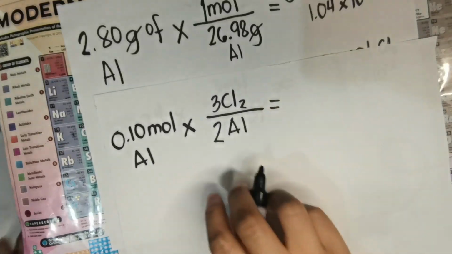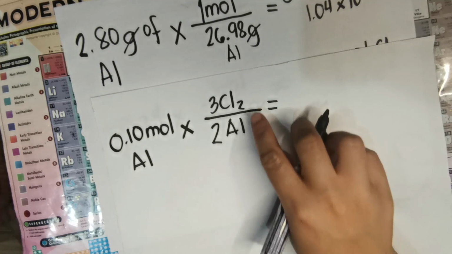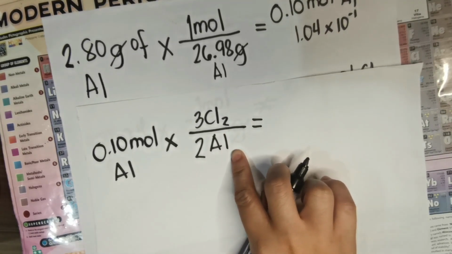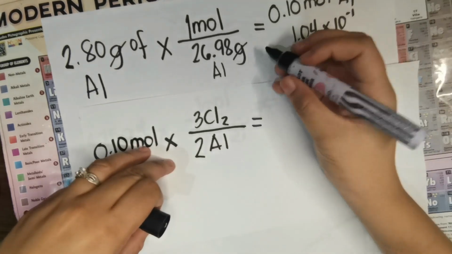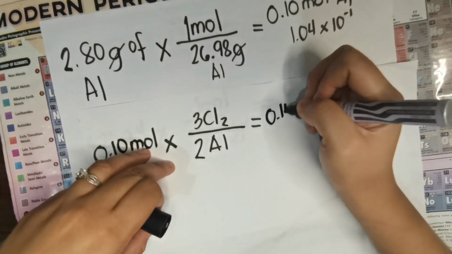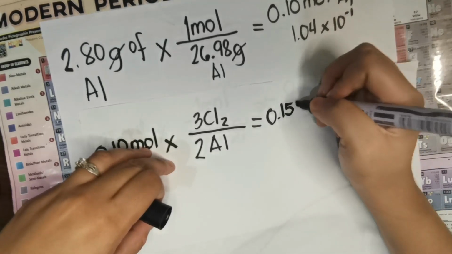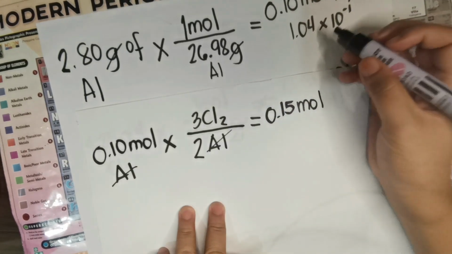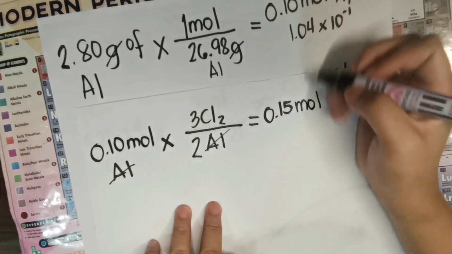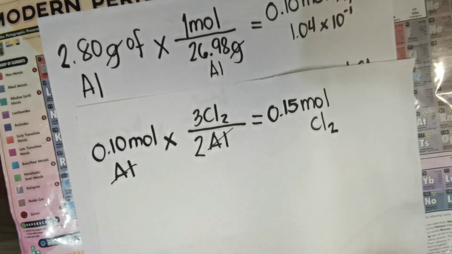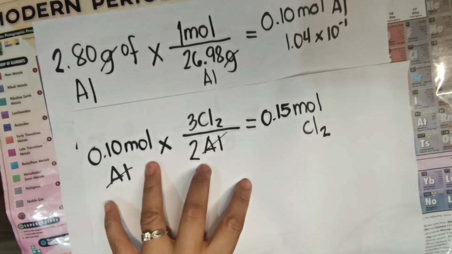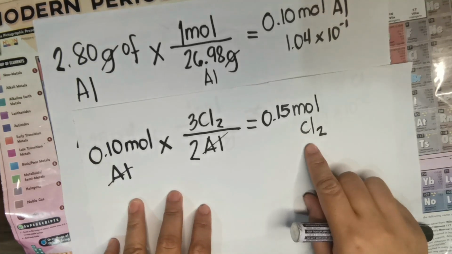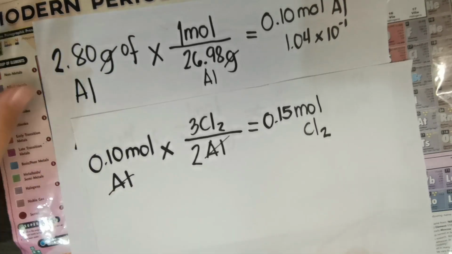So, from this, 0.10 mole of aluminum multiplied by 3 divided by 2. So, we will have the answer of 0.15 mole of what? So, dahil cancelled na si aluminum, matitira ay, syempre, si chlorine gas. Okay. So, ibig sabihin, pag ginamit natin si 0.10 mole ng aluminum, kailangan meron din tayong 0.15 mole of chlorine gas. Okay? So, mamaya natin i-analyze.